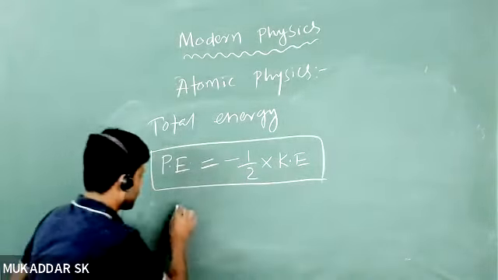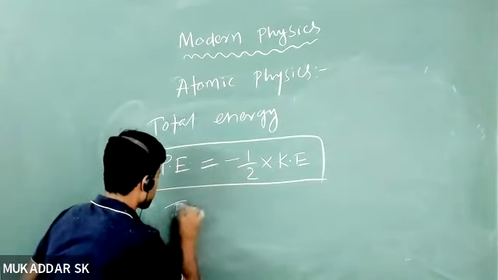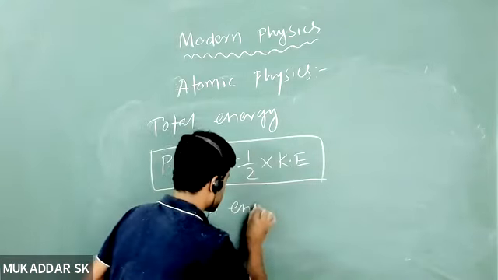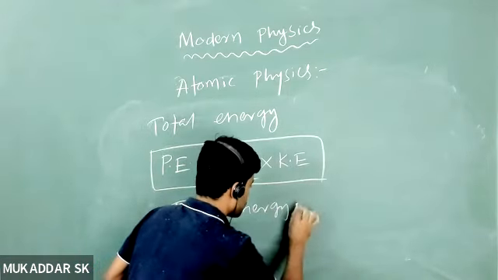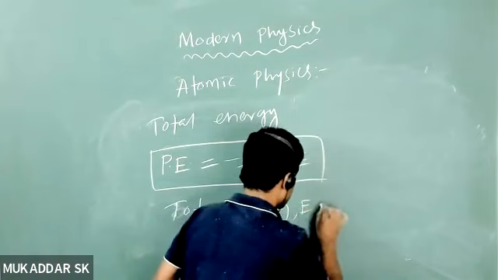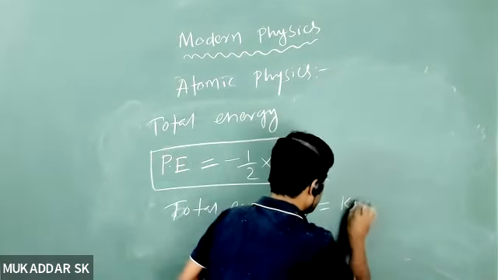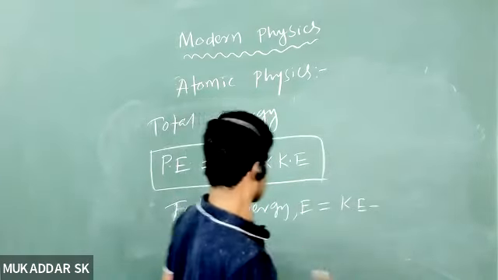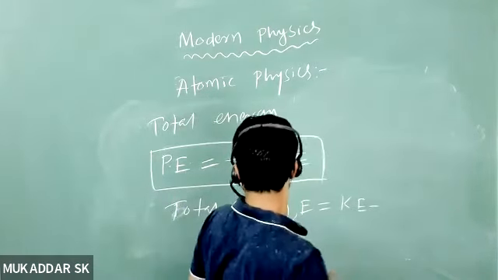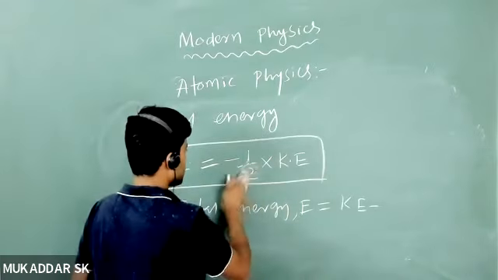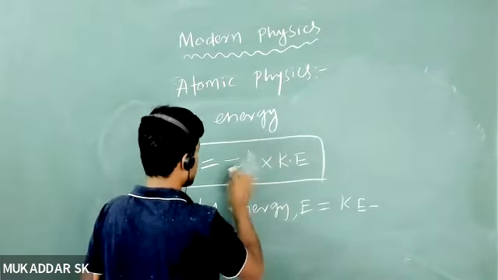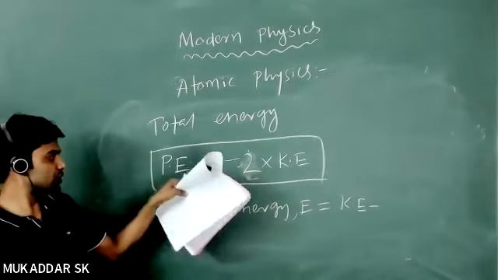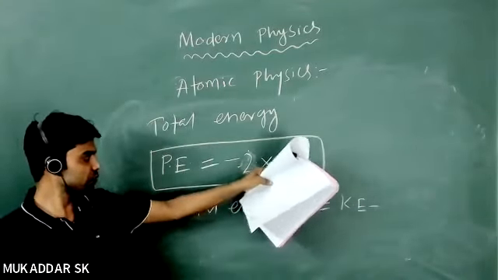Now, how much will be the total energy? Total energy E will be kinetic energy plus potential energy. Sorry, extremely sorry, the potential energy should be minus twice of kinetic energy.